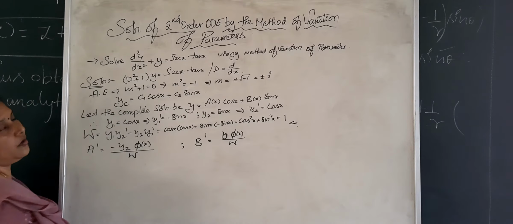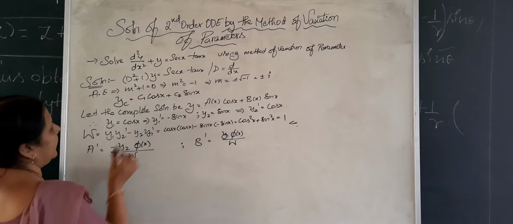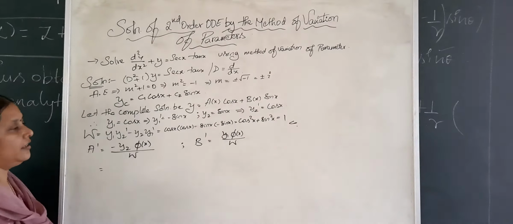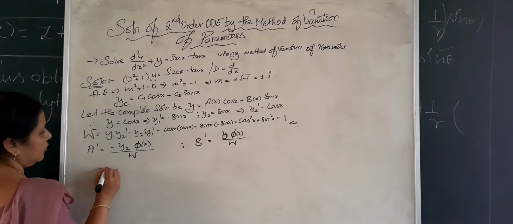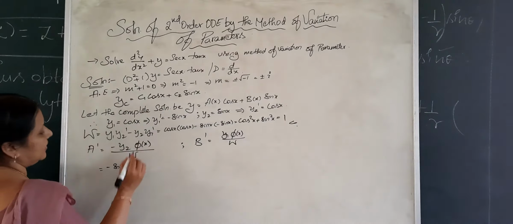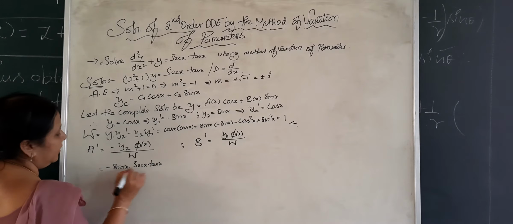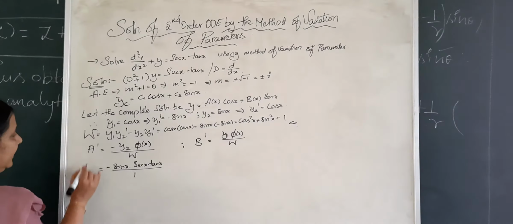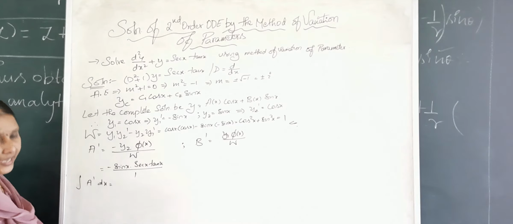That is the RHS of the given differential equation, secant x tan x. So substituting y2, phi of x and W here, what do we get? y2 is nothing but sin x, so minus sin x into phi of x which is secant x tan x, divided by 1.